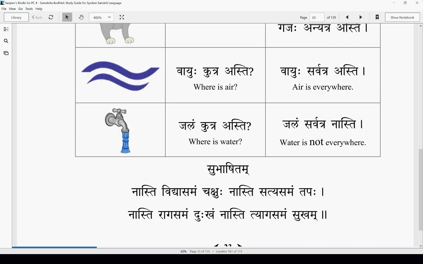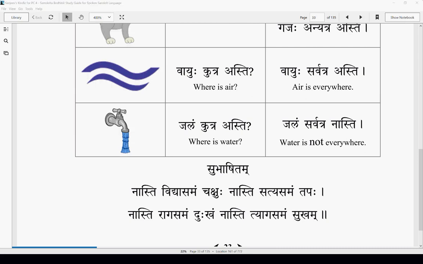Tapa. Okay. Nasti raga samam dukkham. Dukkham. Nasti tyaga samam sukham.